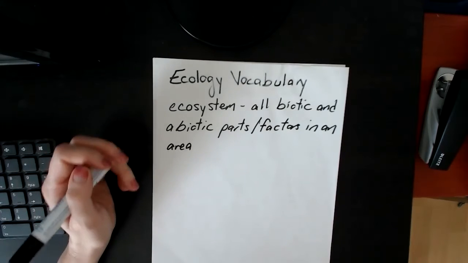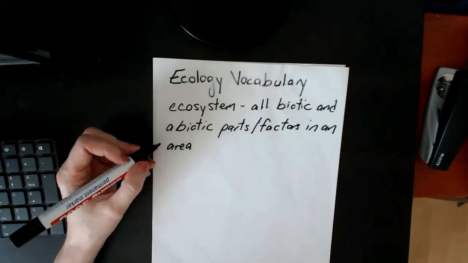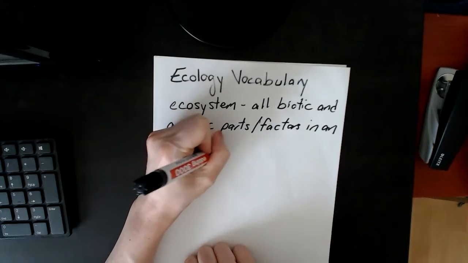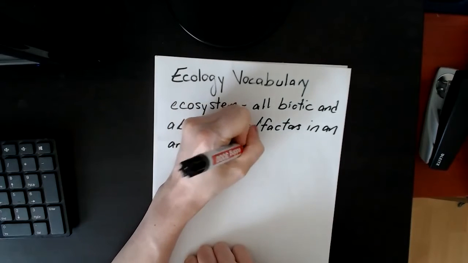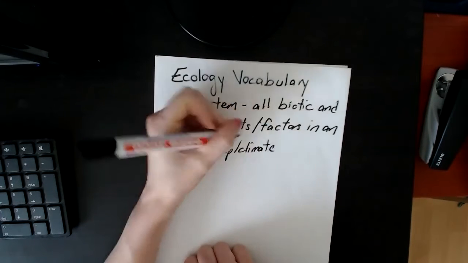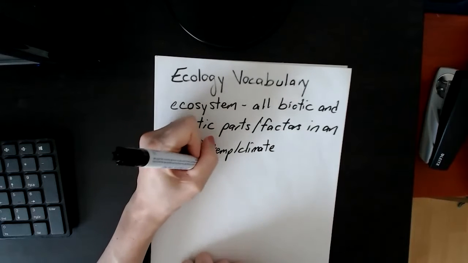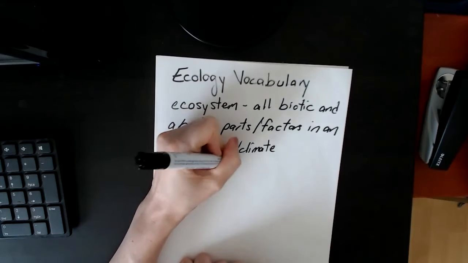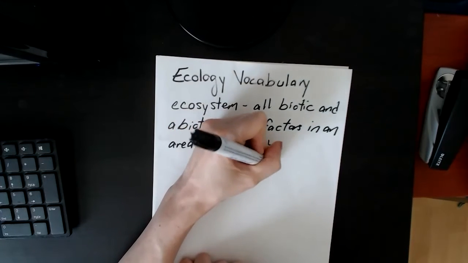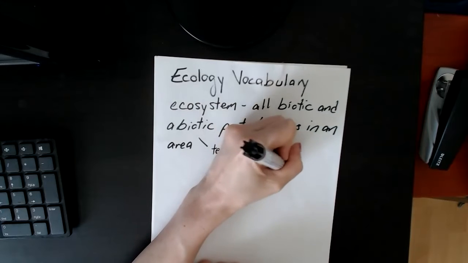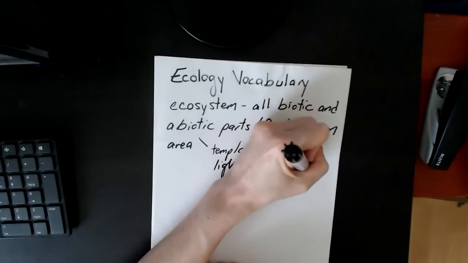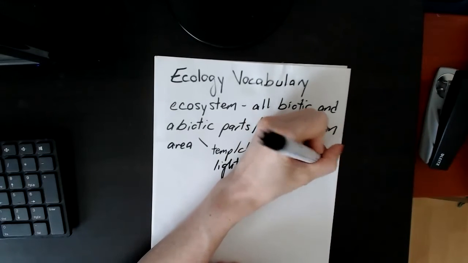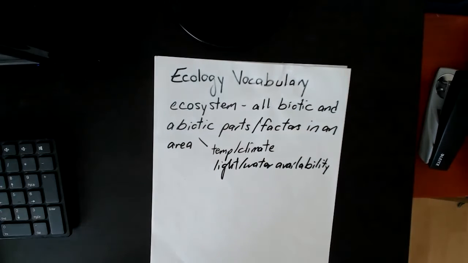And abiotic factors would be things like water availability, the temperature or the climate, the amount of sunlight something gets, light or water availability. And soil.